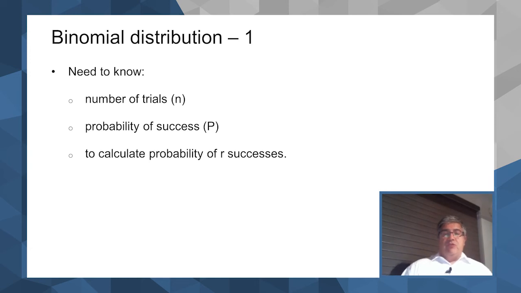So binomial distribution, what do we need to know? We need to know number of trials. We need to know probability of success. And we can then calculate the probability of a certain number of successes within a certain number of trials.